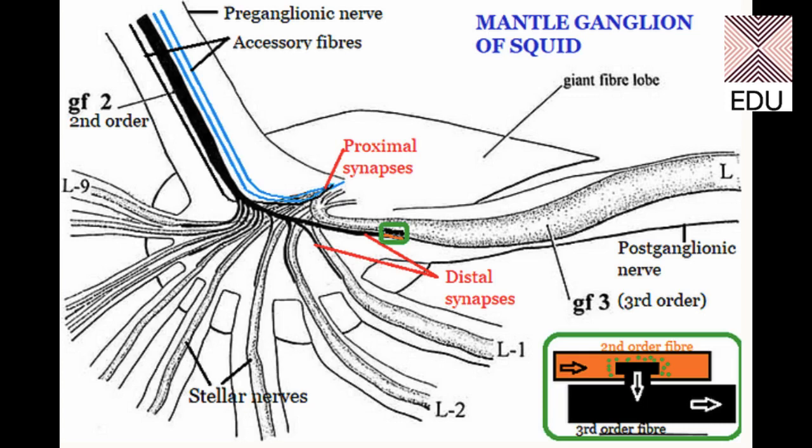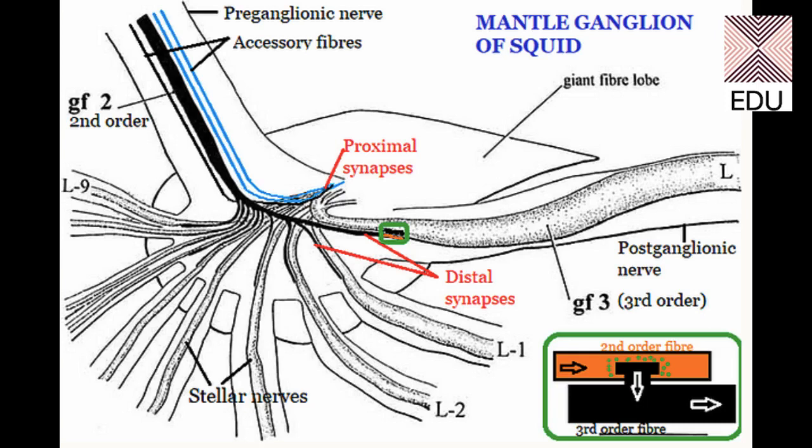This is a giant nerve fiber of the third order. Third order refers to that it is very thick in diameter, and it has been developed by the congregation of the giant neurons. This fiber is ramifying, and it is giving impulses to the whole body of the squid, for the movements in the animal.